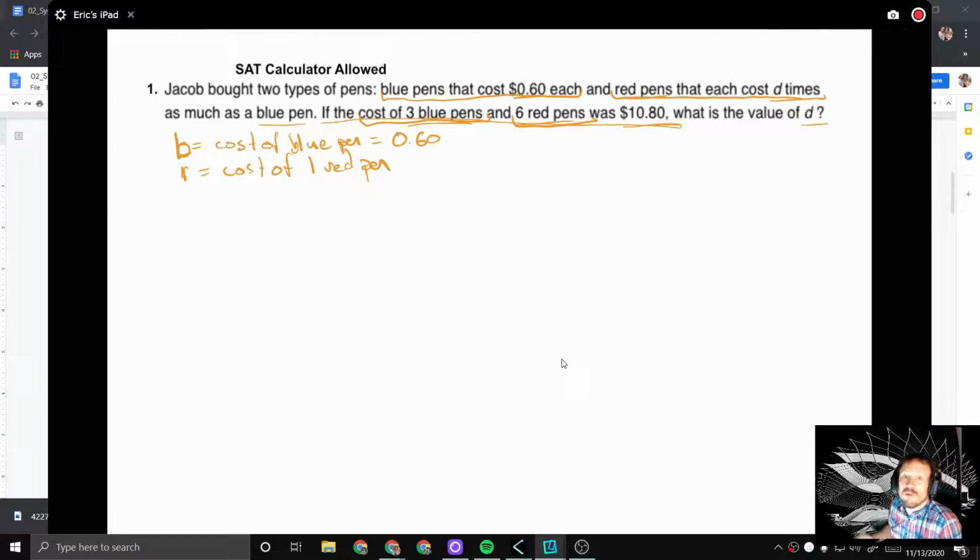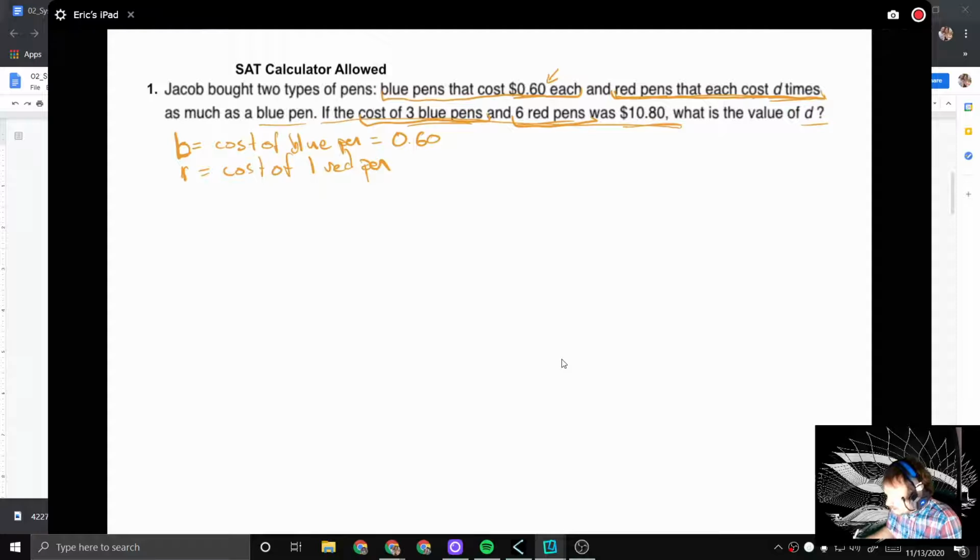Very easy to write this equation wrong. I don't even know which way to write the equation right now. What I do is I immediately utilize this and create the value that the red pens would have to be, and then I use that to write the equation. So red pens cost D times as much as a blue pen. So if D was 3, let's say, what would I do to 60 cents to get the cost?